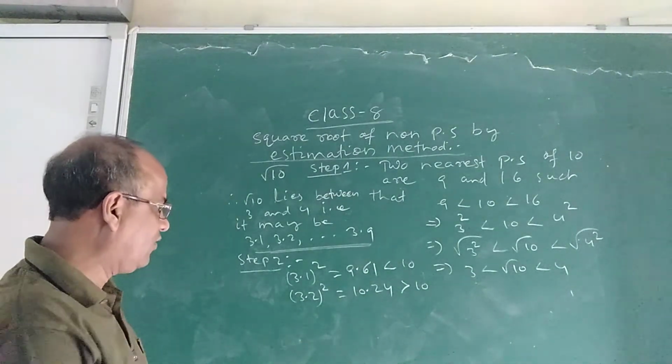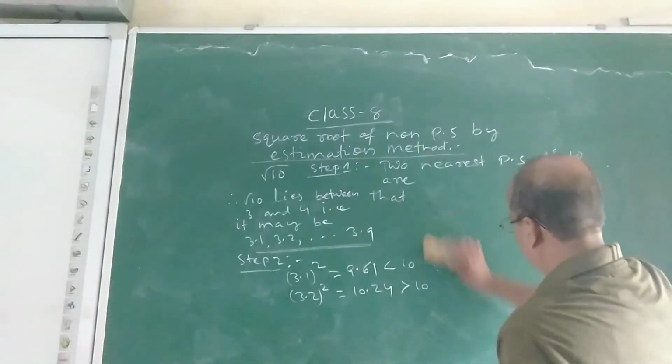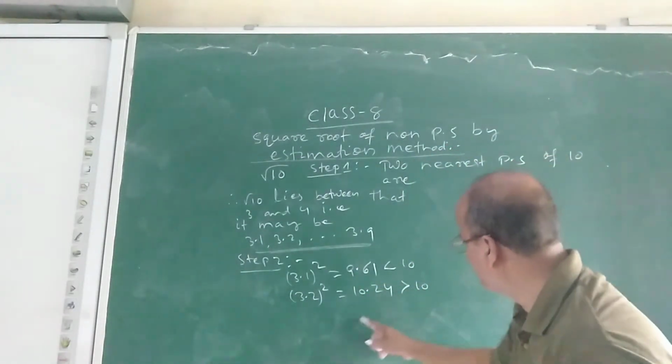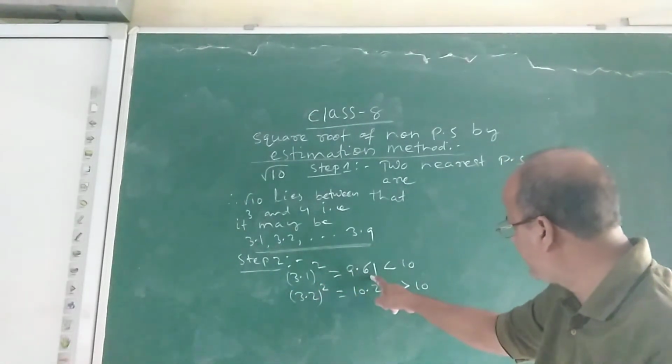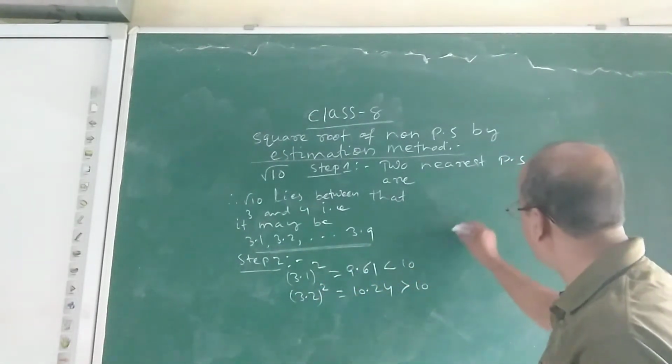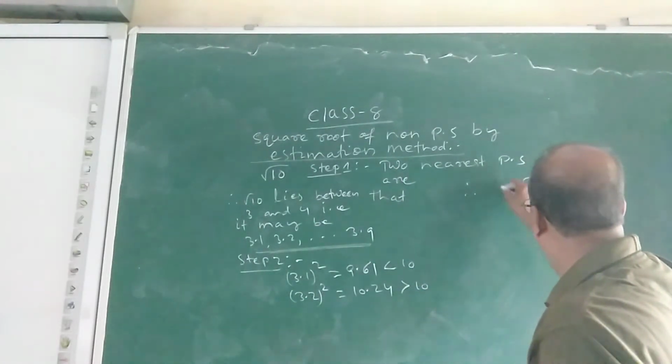Now, that means we can say that since 3.2 square is 10.24, which is greater than 10, and 3.1 square is 9.61, which is less than 10, therefore square root of 10 will lie between what?